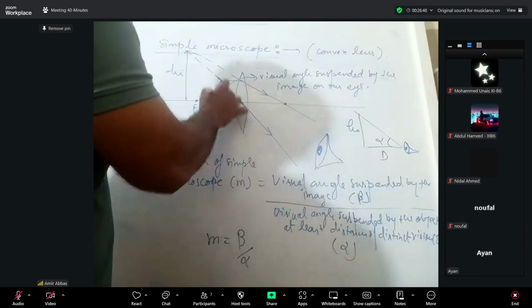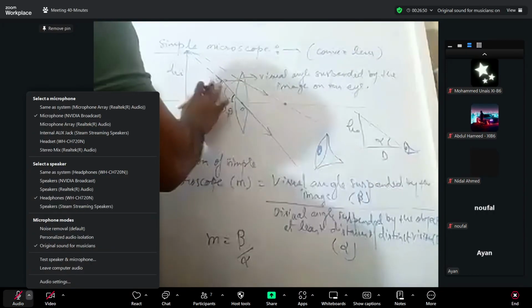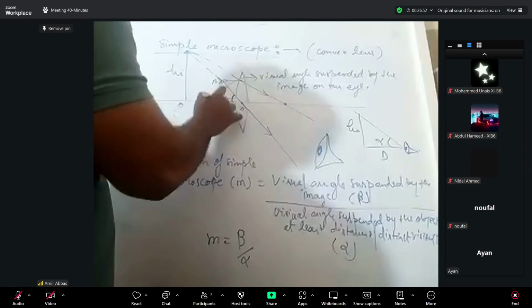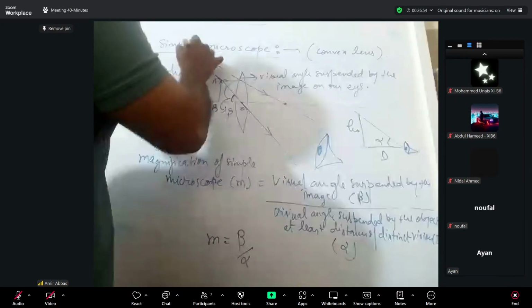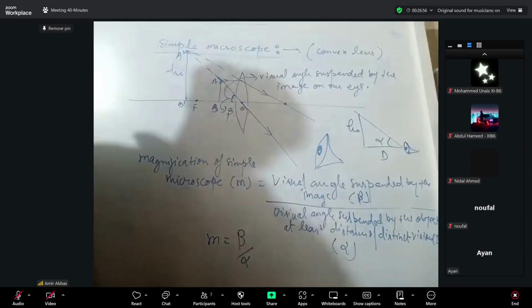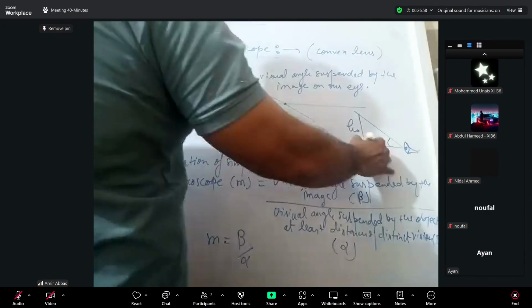This is the object AB, and this is B dash A dash. Here it is also the same height AB.